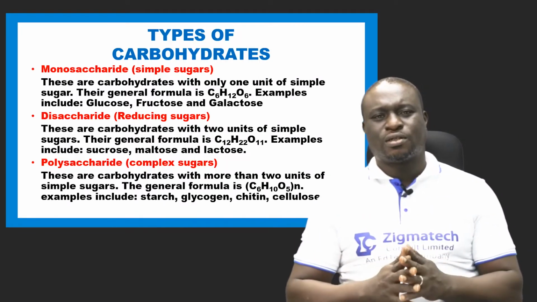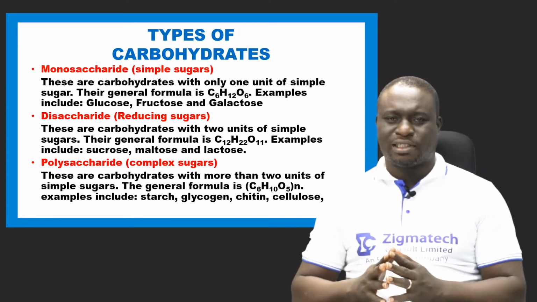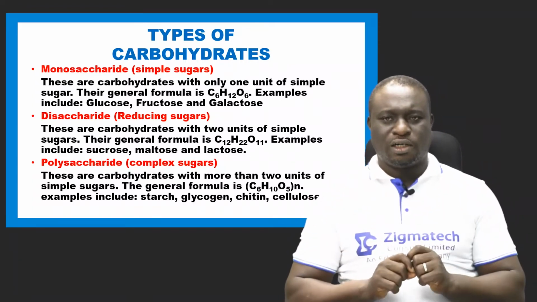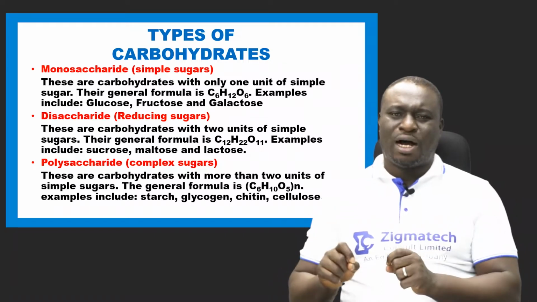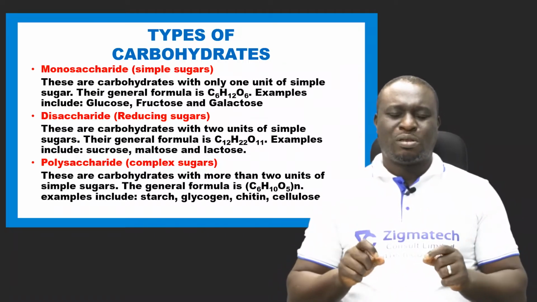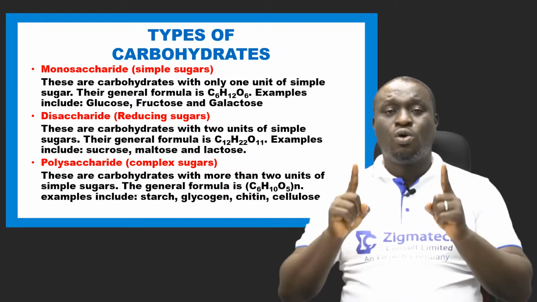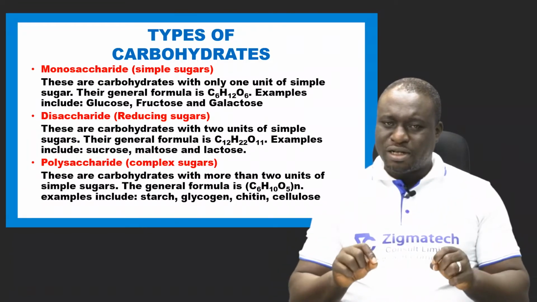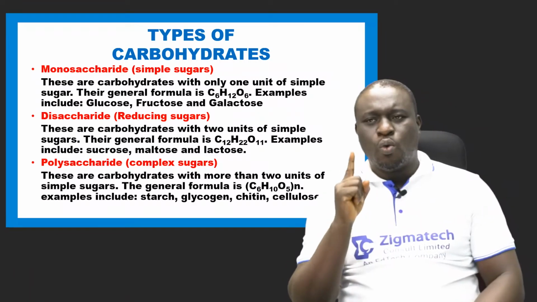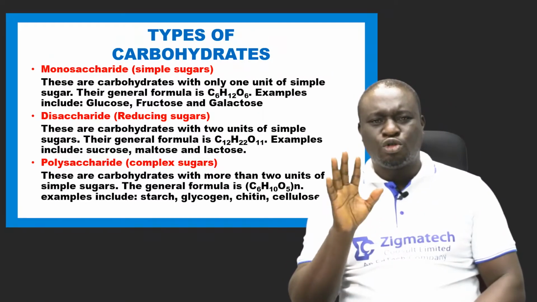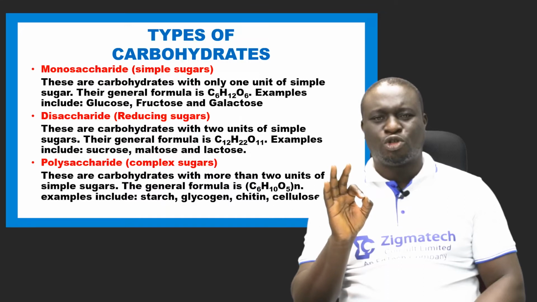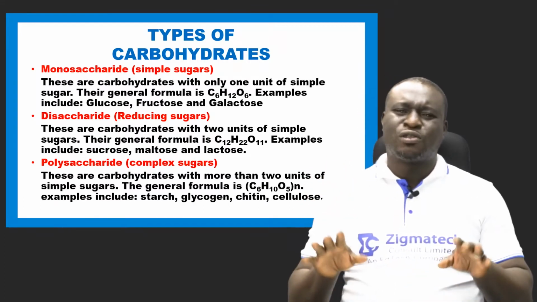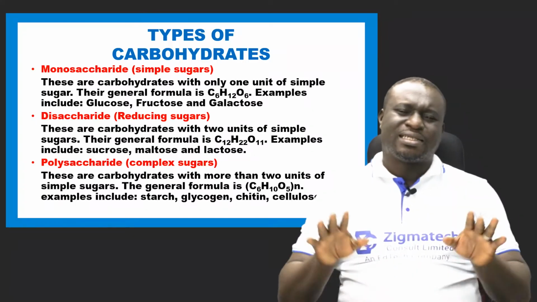Now, let's discuss monosaccharides. As the name implies, mono means single or one. So these are carbohydrates that possess only 1 unit of simple sugar. Another name for monosaccharides is simple sugars.